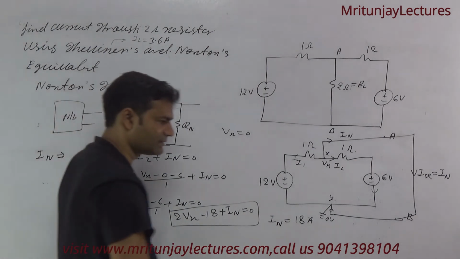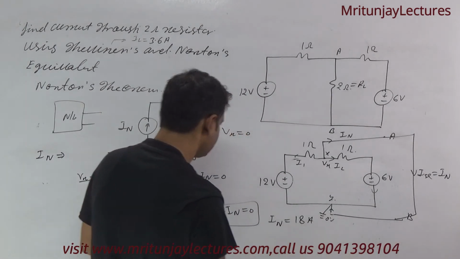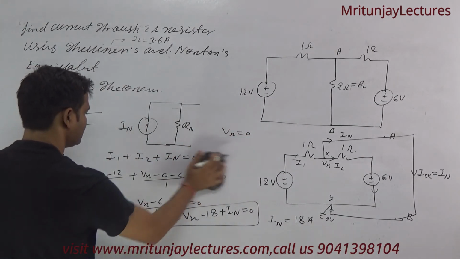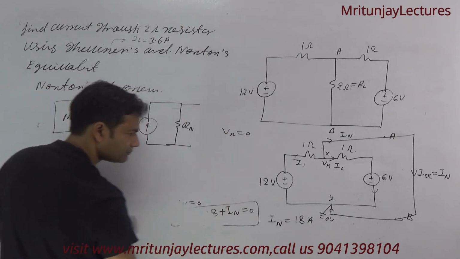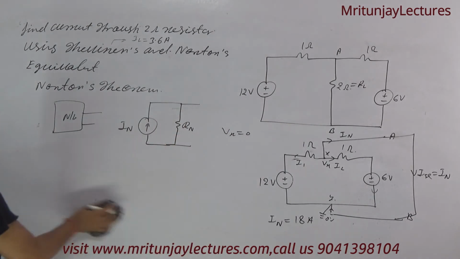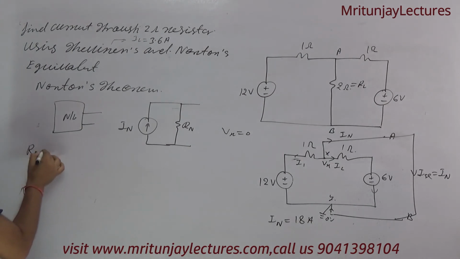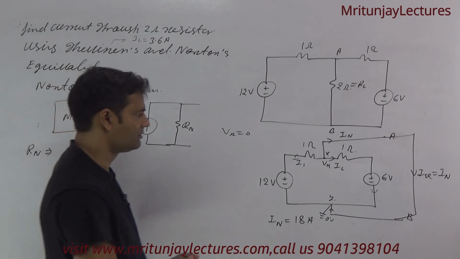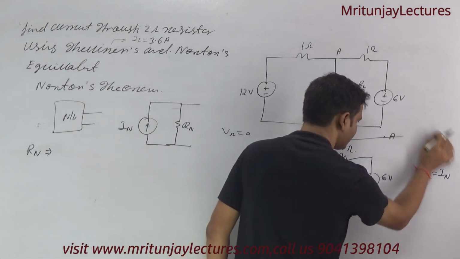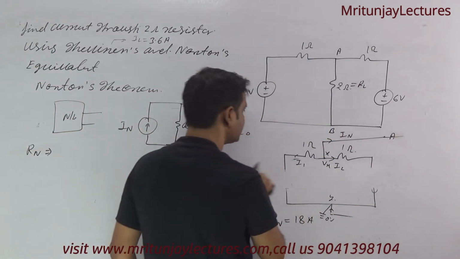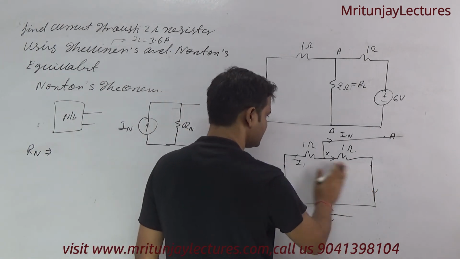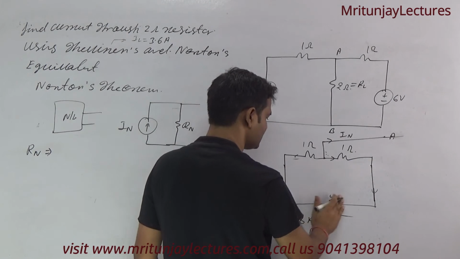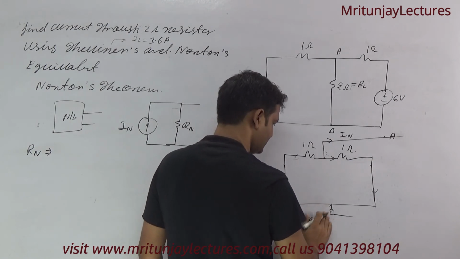So In is clear. In is 18 ampere. Now what about Rn? Our next target is Rn. If you determine Rn, it means all independent sources are short circuited, 0.